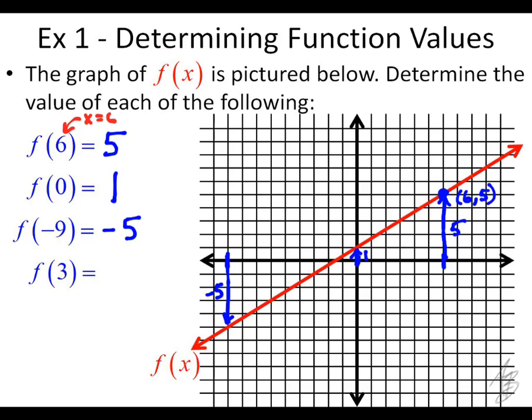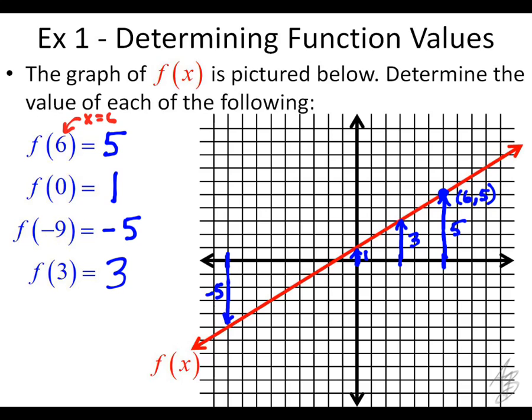So all we're doing here is finding this x value on the x-axis, and then counting how many we have to go up or down to get to the function. So f of 3, we go to 3 on the x-axis, and then which way are we going to go? Up. We're going to go up how many? 3. So f of 3 equals 3.